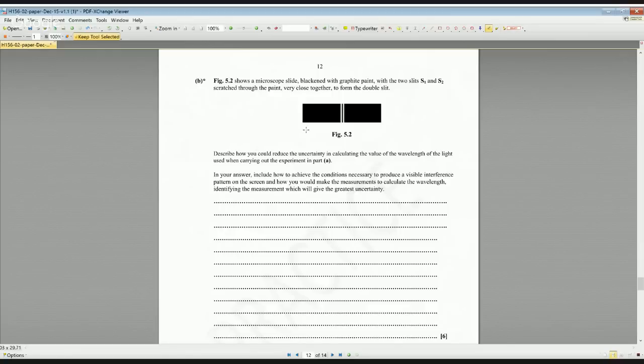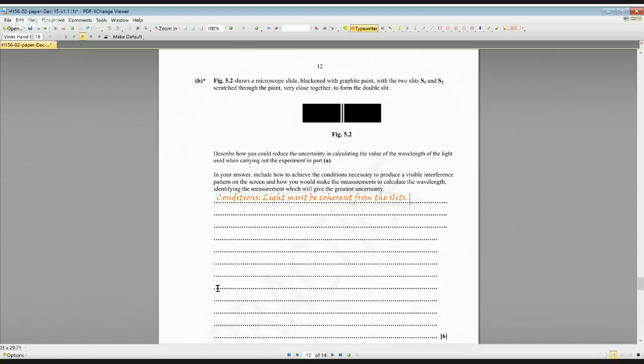So first of all, it says include how to achieve the conditions necessary. So let's begin by saying the conditions would be, this is for any double slit experiment, you need light or waves that are coherent. They must be from coherent sources. That means they have a constant phase difference. The light coming from the slits must be coherent.